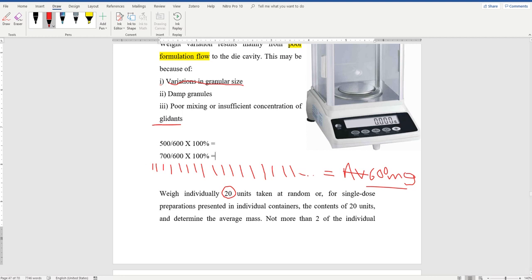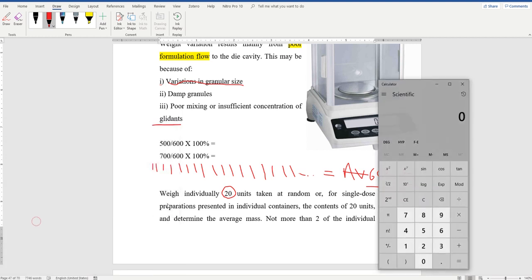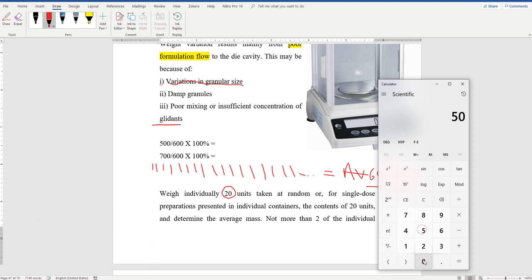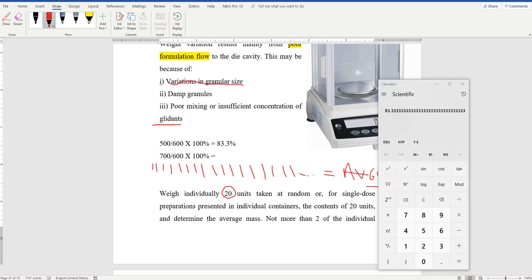Let's see the first one, the first tablet. Okay, so the first one will be 83.3%, right? 0.33.